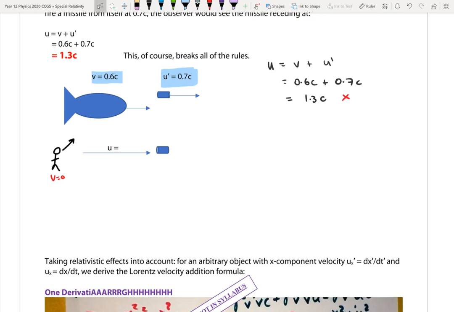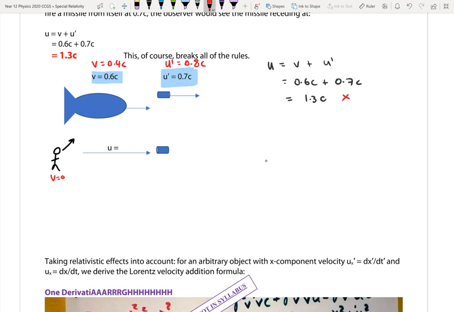Let's just do some red text. So let's just say that V is now actually 0.4 c, and it fires a missile, U prime. I did go backwards. Why is it not undoing? Oh, for God's sake. U prime equals 0.8 c.